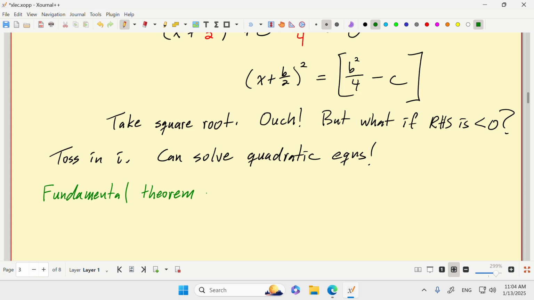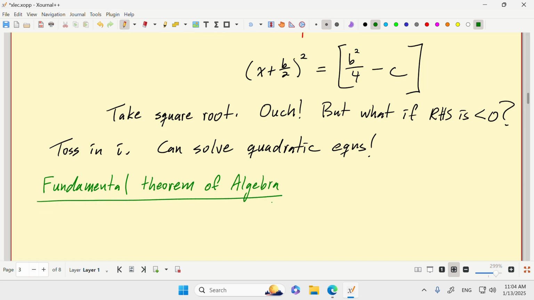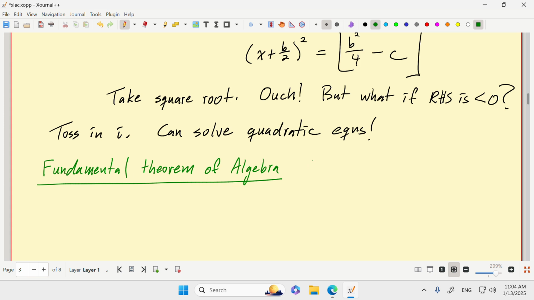So the famous fundamental theorem of algebra: given any complex polynomial, let's write it as P of z.